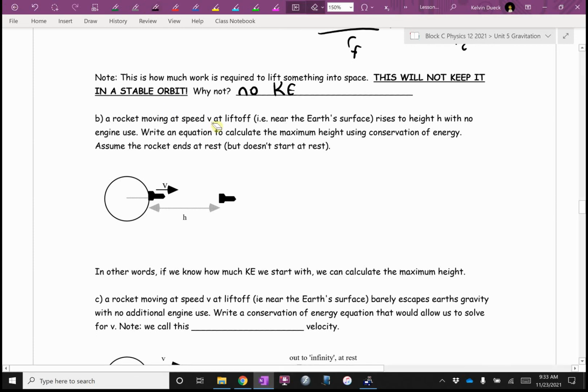A rocket moving at a speed v at liftoff, so that's vi, rises to a height h with no engine use. It coasts. Write an equation to calculate the maximum height using conservation of energy, g. Assume the rocket ends at rest but doesn't start at rest. So conservation of energy would look like this. And the only one that I could cross out would be that one.